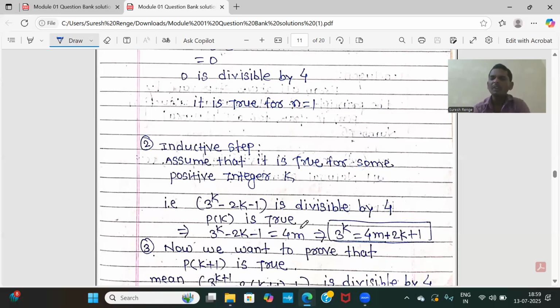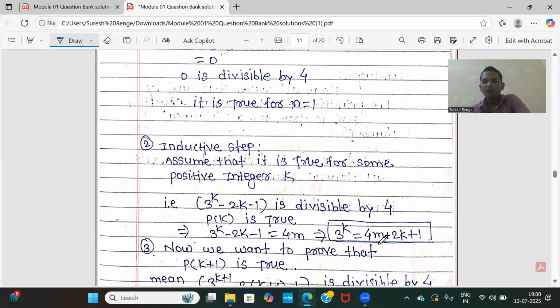We are considering that this term is a multiple of 4, so we write it as 4m, where m belongs to the natural numbers. If we rearrange, 3^k equals 4m, taking the minus 2k and minus 1 to the other side.